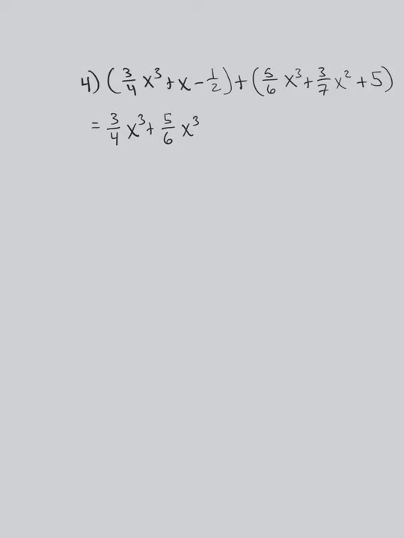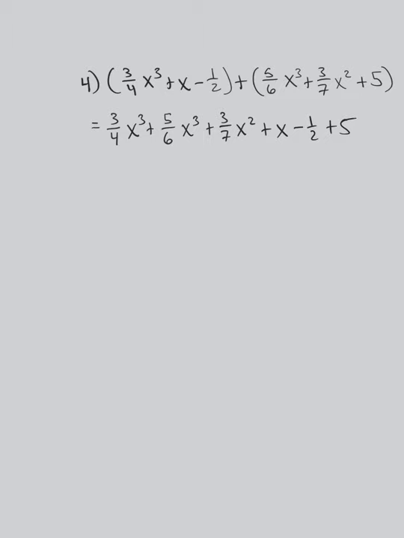Now this one doesn't have an x squared term in it, but this one does. So I'd want to write it next. And so I have plus 3/7 x squared. And then I have a plus x on my left term, but there's no x over here on my right term. And then we have minus 1/2 and plus 5 for my constants.